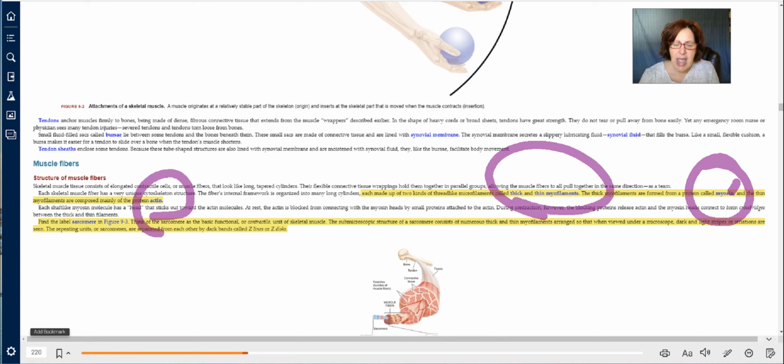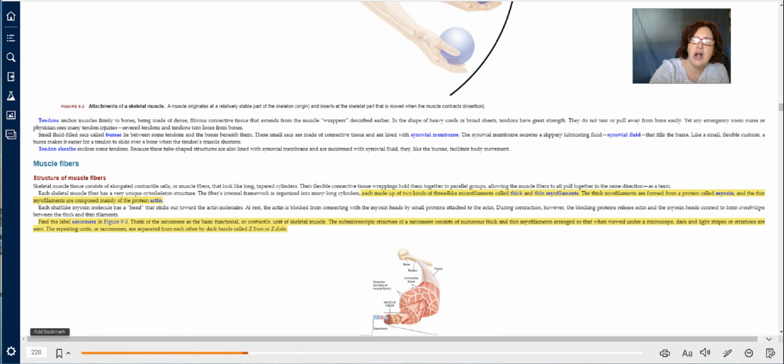Those are the filaments that create that muscle tissue. And it actually takes a lot of protein, which we'll talk about later, to control the muscles or help us build muscle cells.